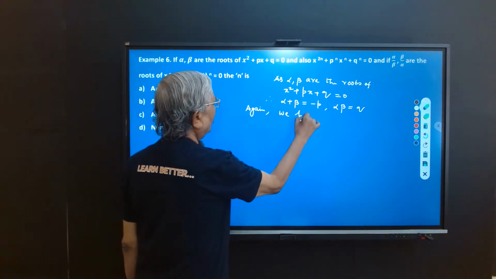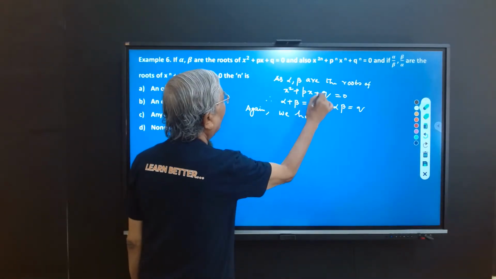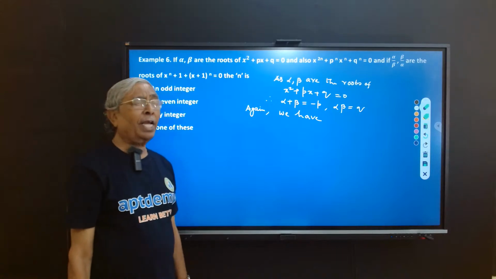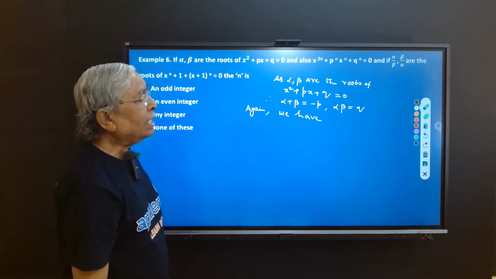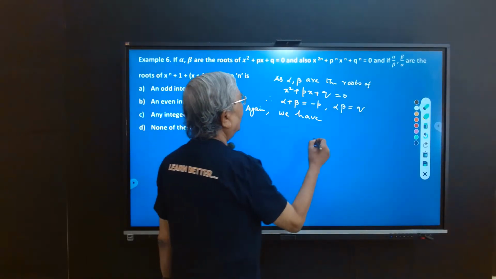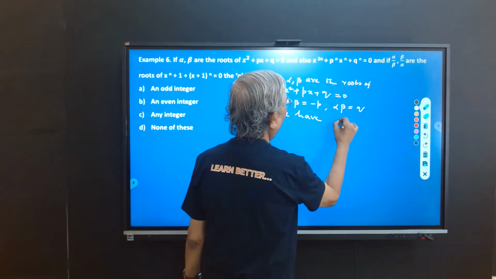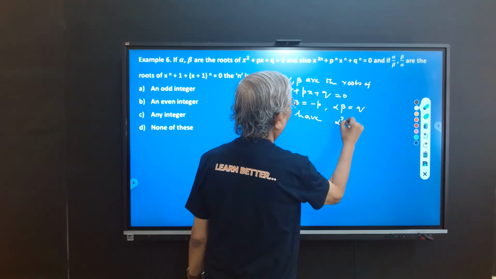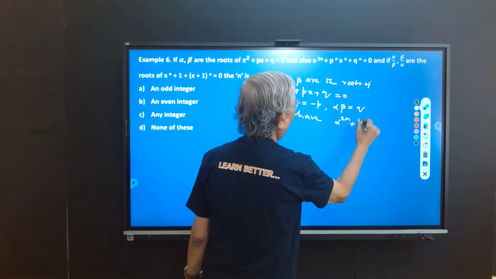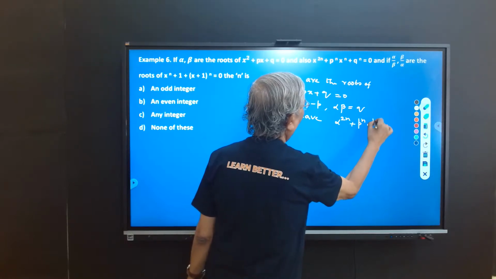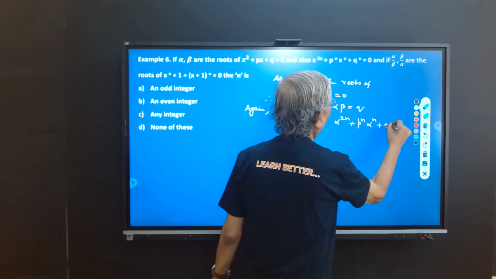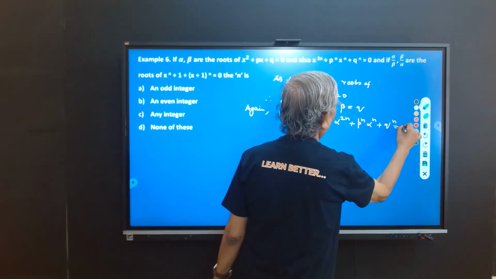As alpha is the root of this equation, it will satisfy it, that is alpha to the power twice n plus p to the power n into alpha to the power n plus q to the power n equals to 0.